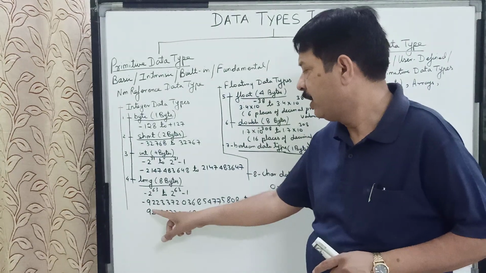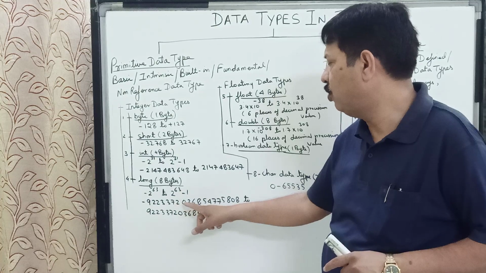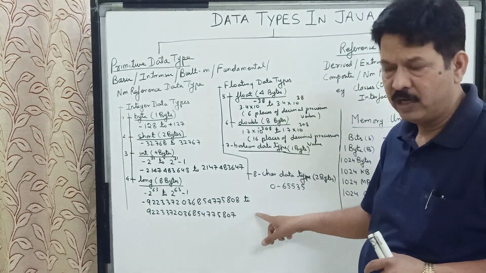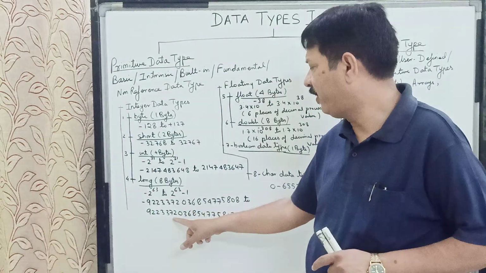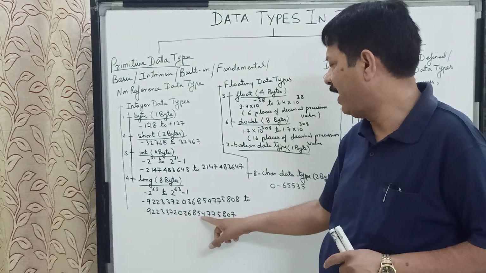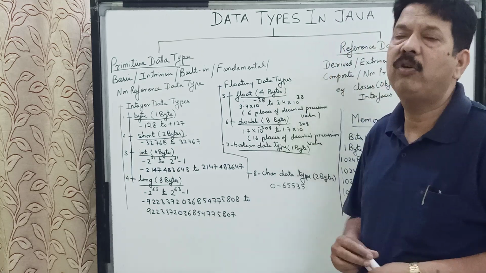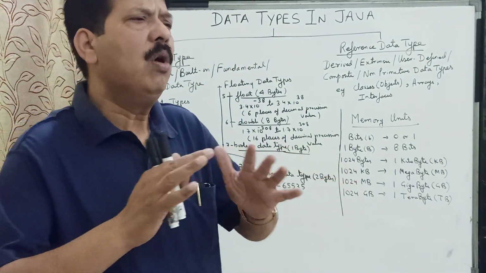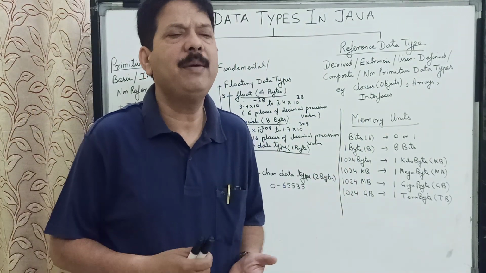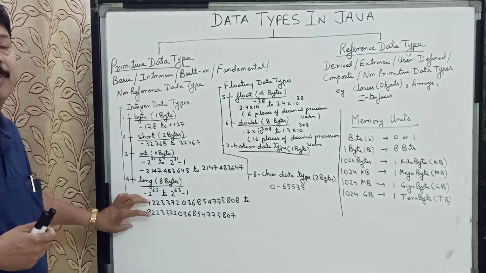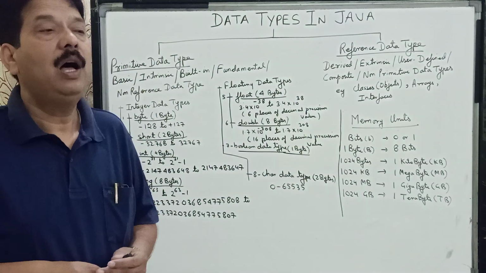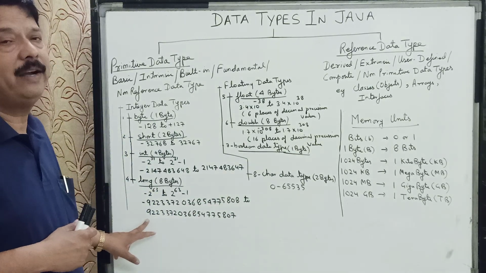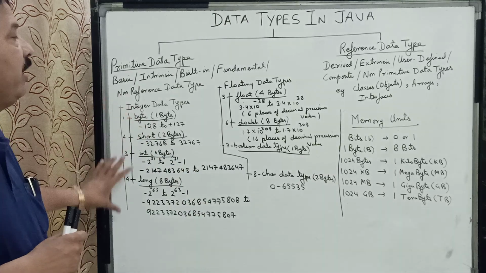It is from -9223372036854775808 to 9223372036854775807. Now children, this is a very big memory, and you can do almost all the tasks of your type with this memory type. And if you want to do a calculation or numeric evaluation bigger than that, then you cannot do it in the integer data type.